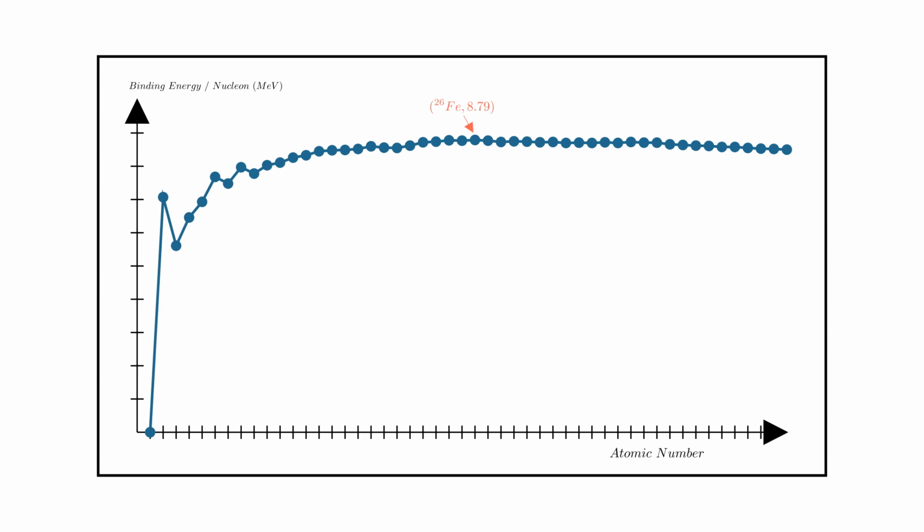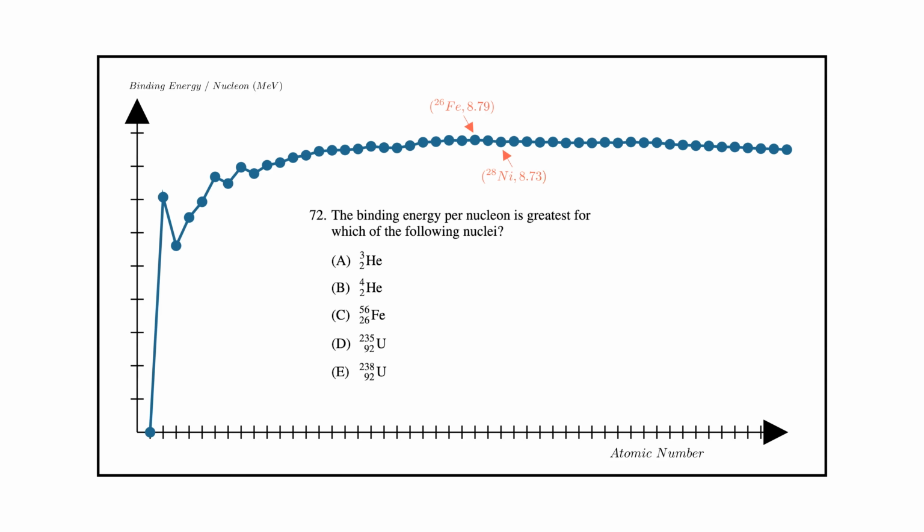After this, we get another similarly high peak at nickel, and then everything else starts to drop back down. This right here gives us the answer to the question I asked at the beginning of this series, the question on the practice exam. Out of the choices we had, the element with the highest binding energy per nucleon is iron, with a binding energy of 8.79 mega electron volts per nucleon.